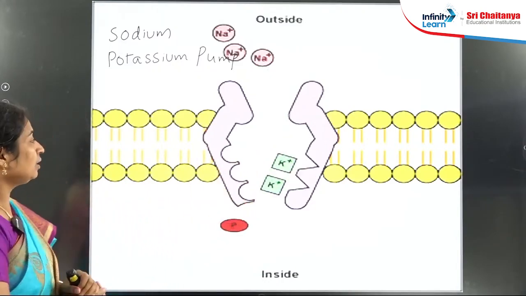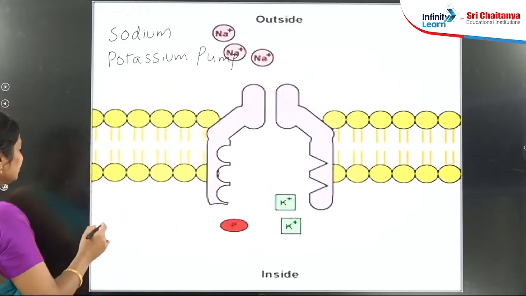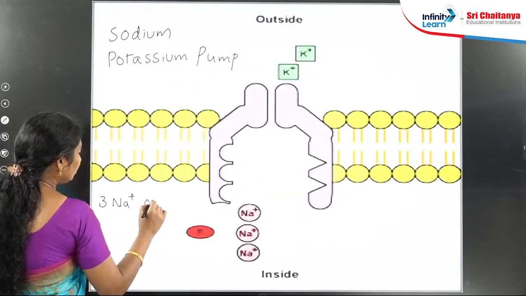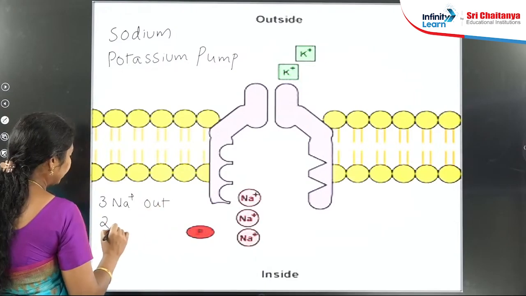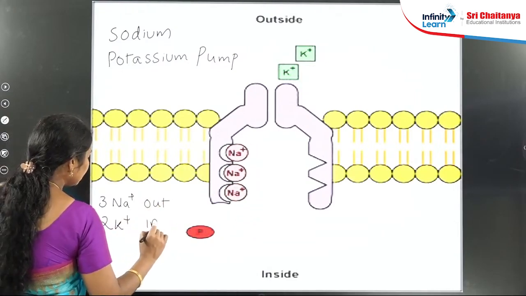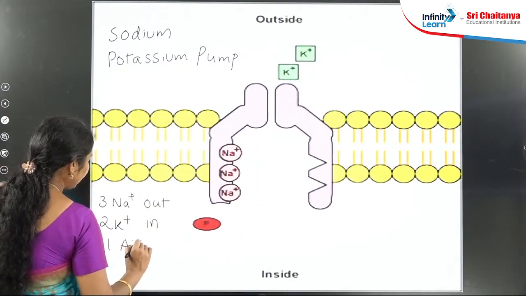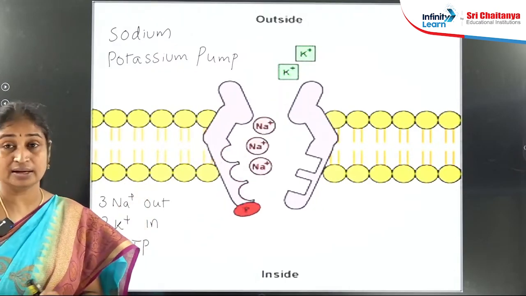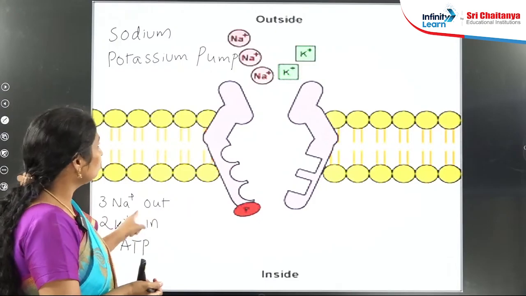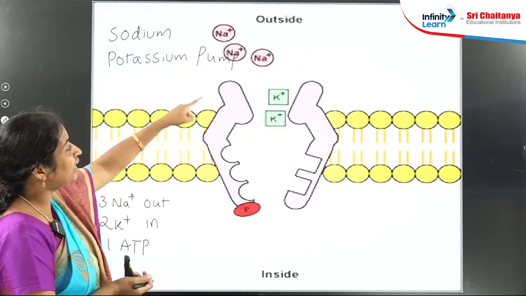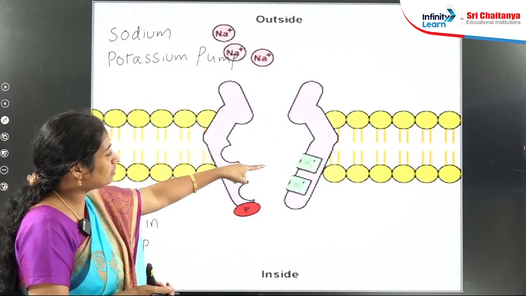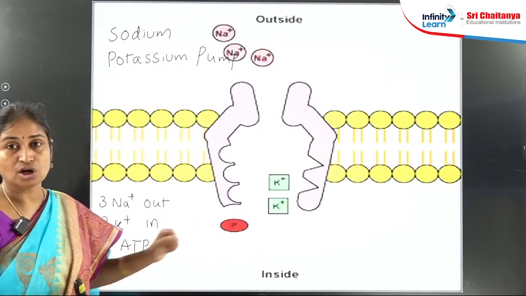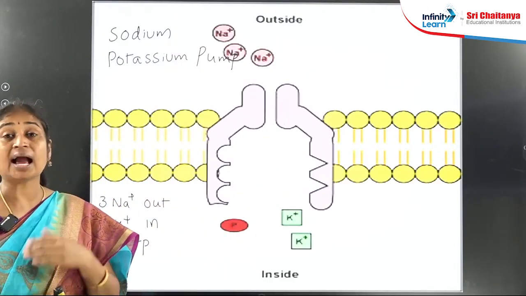As we have already discussed, it allows 3 sodium ions out and 2 potassium ions in at the cost of 1 ATP. This is a very important point. By seeing this animation you can easily understand: there is a movement of 3 sodium ions outside, and simultaneously 2 potassium ions moving inside at the cost of ATP. That's why it is known as an active channel.